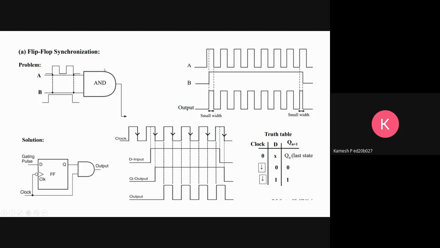Flip-flop synchronization. This is according to the clock input and clocked output. Whenever the clock changes, only when the clock changes, there is a change in the output. However, there may be differences according to this clock. The truth table is given here.